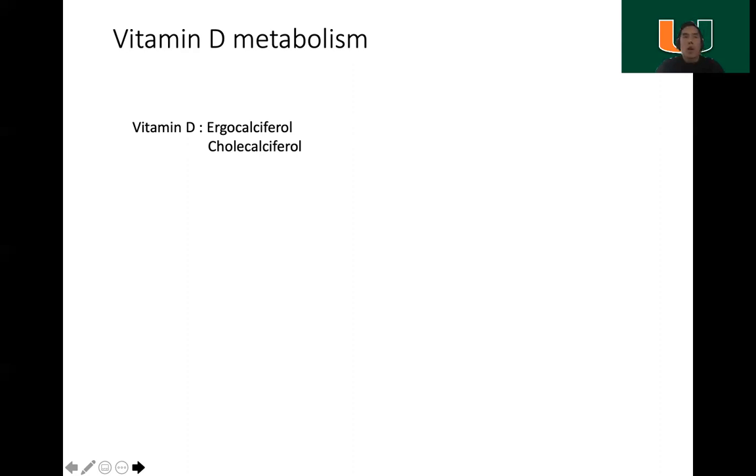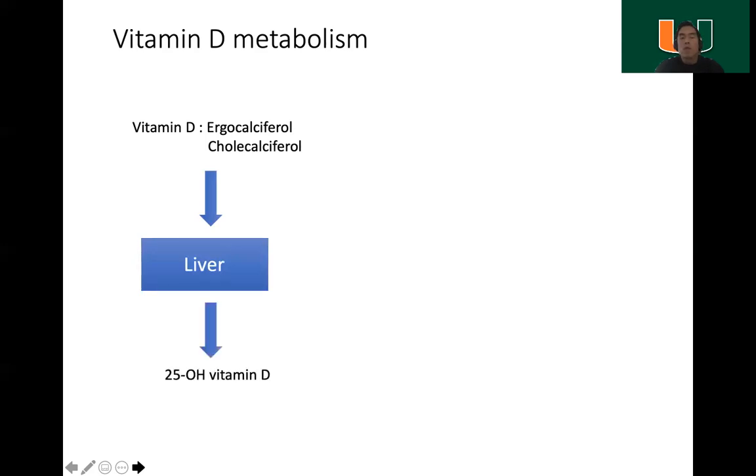What happens to the vitamin D? It gets first metabolized in the liver with the 25 hydroxylase enzyme to become 25 hydroxyvitamin D. Remember, when you order a vitamin D level, we look at the level of 25 hydroxyvitamin D. Why?